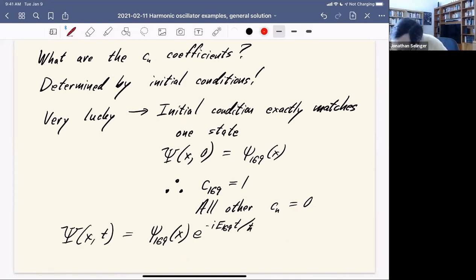And this E169 is equal to 169 plus a half h bar omega. So that's if you are very lucky.